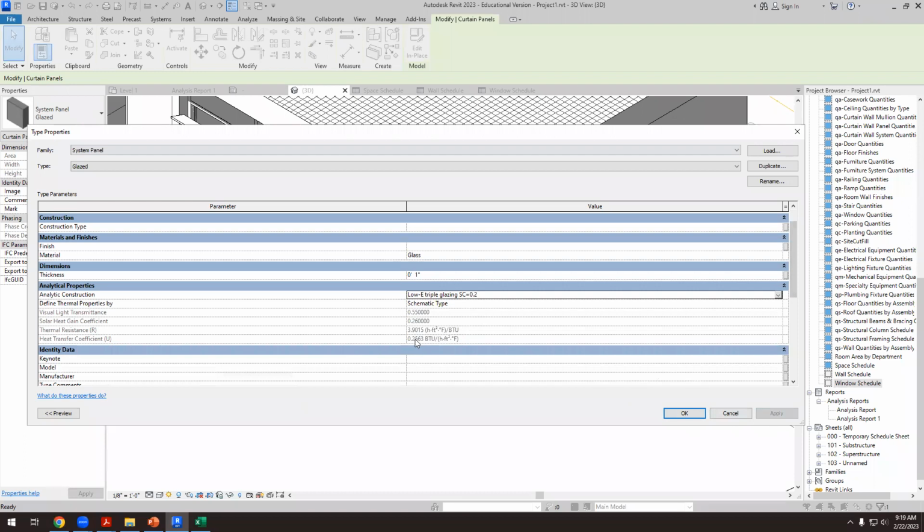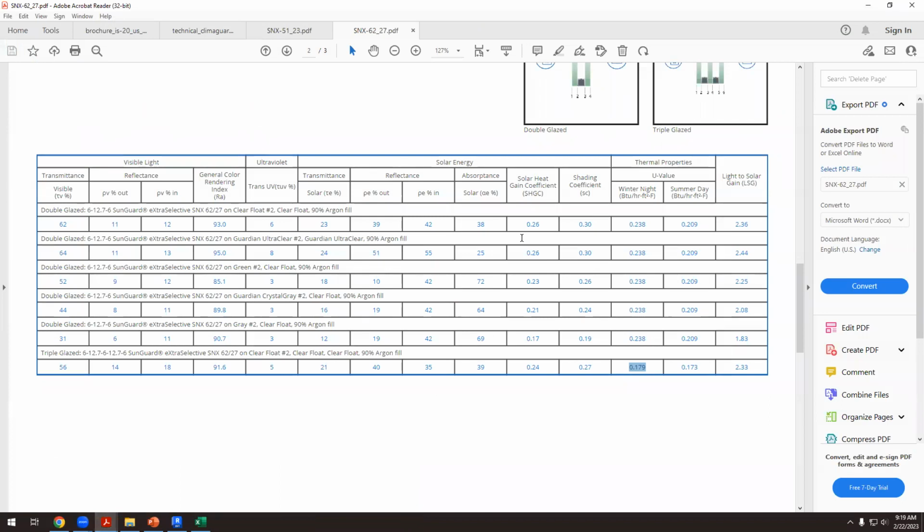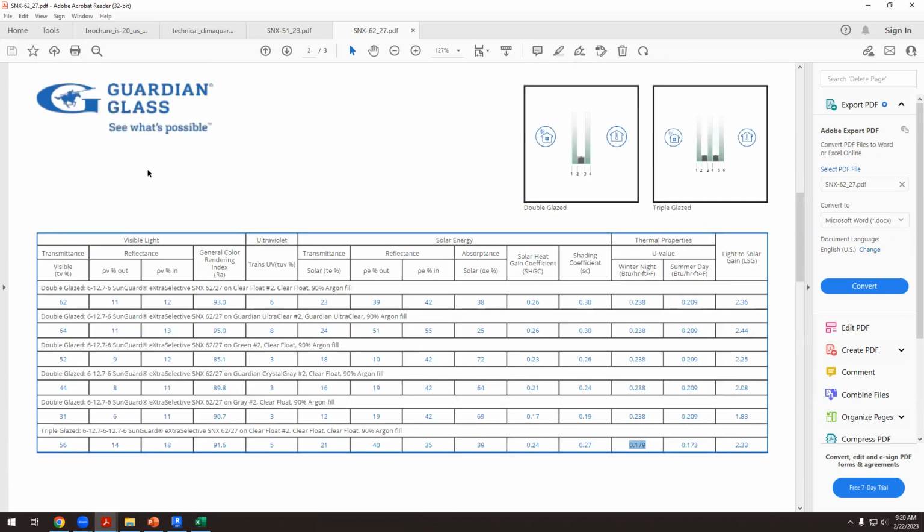The heat transfer coefficient doesn't change. Okay, so it only changes the solar heat gain coefficient. I mean, this is the Revit database. If we don't know where they take these values from, I rely more on the actual catalog because this is certified by Guardian.